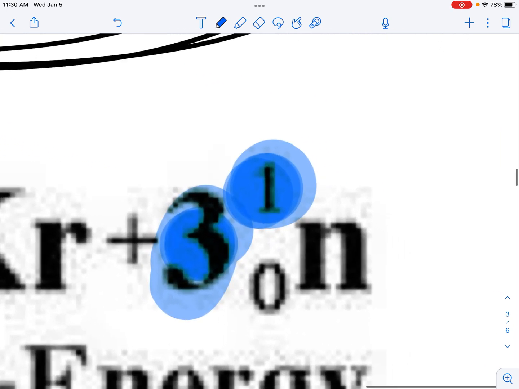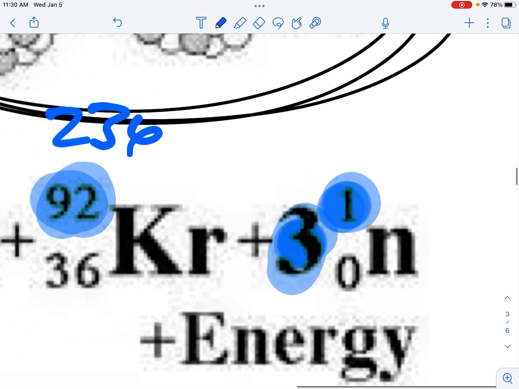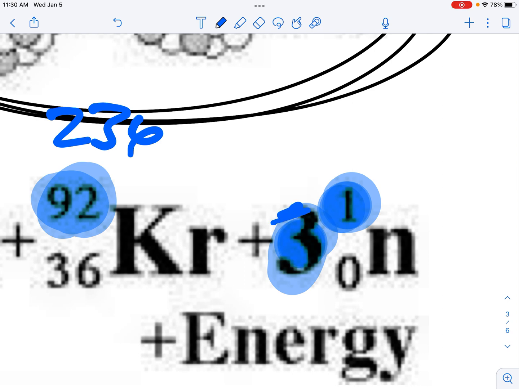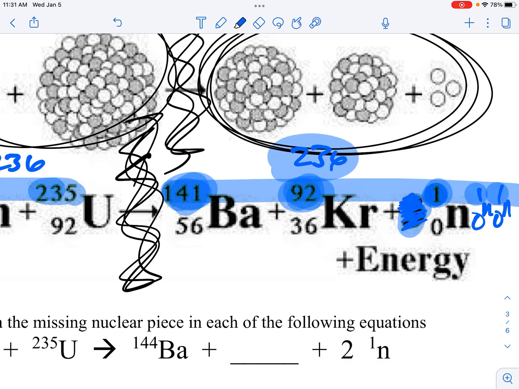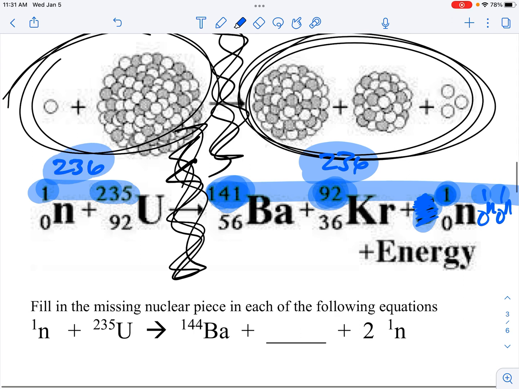Now, if that's going to cause problems for you, then what I suggest is you scratch out the 3, and you write the neutron 3 times. So 10N and another 10N, so you've now written it 3 times. And now I've got 141 and 92 and 1 and 1 and 1, and all of that adds up to be the 236 that I had over here.